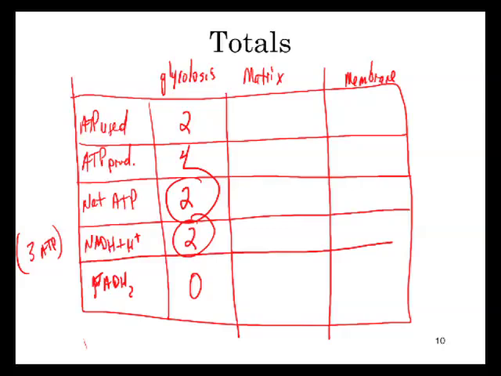There's enough energy in that one single NADH molecule to produce 3 ATP. But we have 2 NADHs. So what's the potential for ATP production here? 6.